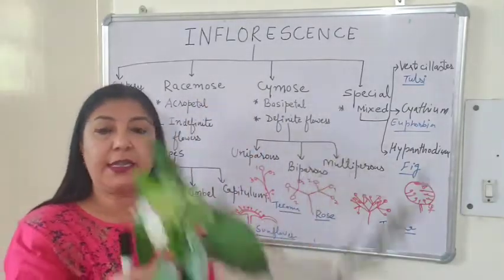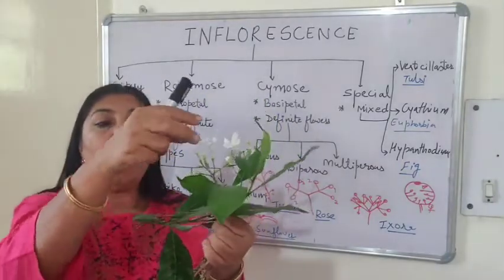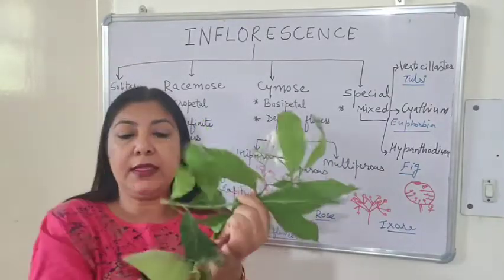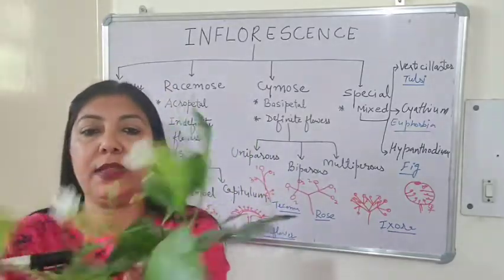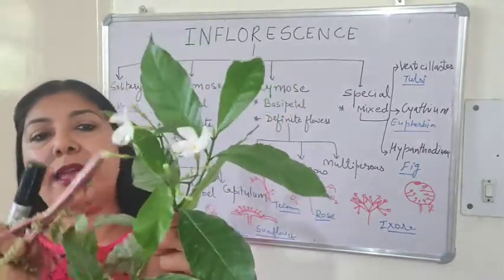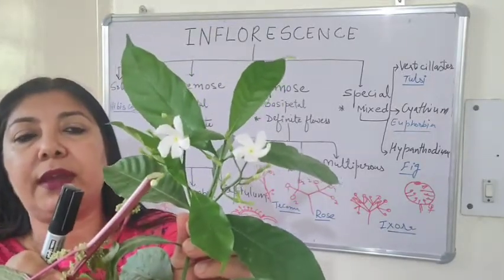Next, here it is basipetal. Basipetal means the oldest flower is in the center. See here, in this case, the youngest flower is in the center. In this case, the oldest flower is in the center, whereas towards the base, there are young flowers. There are still buds there.